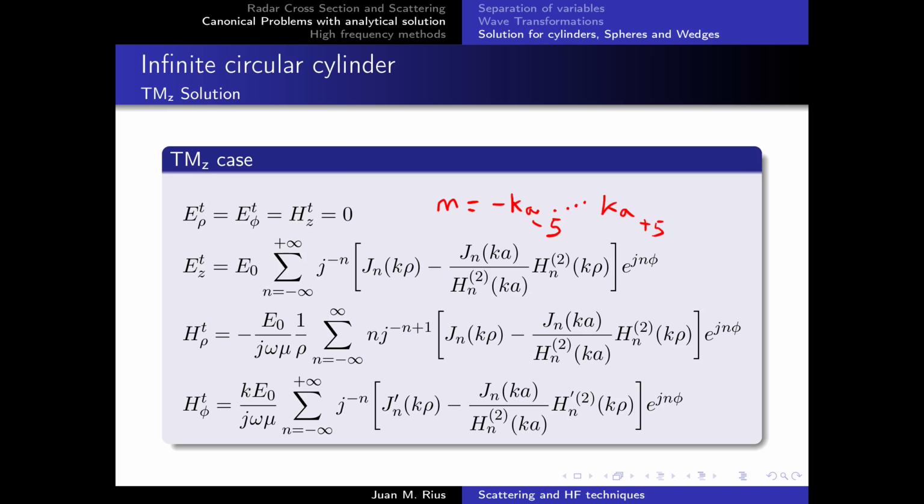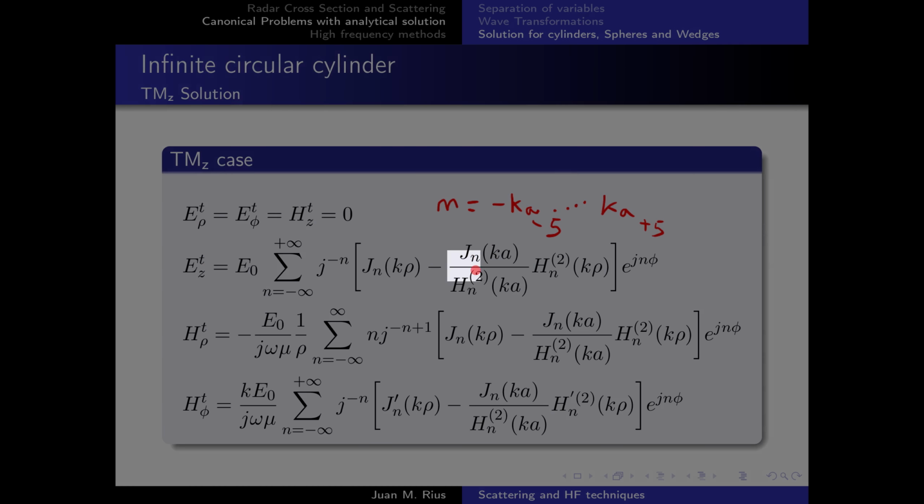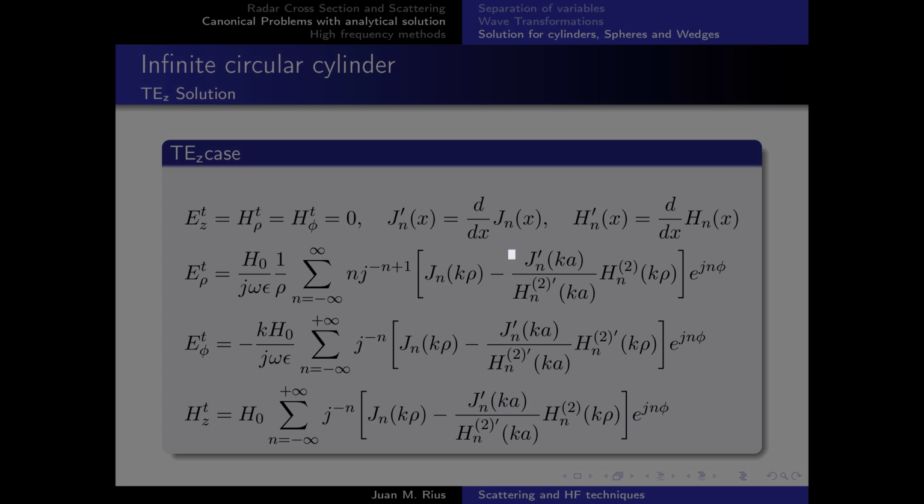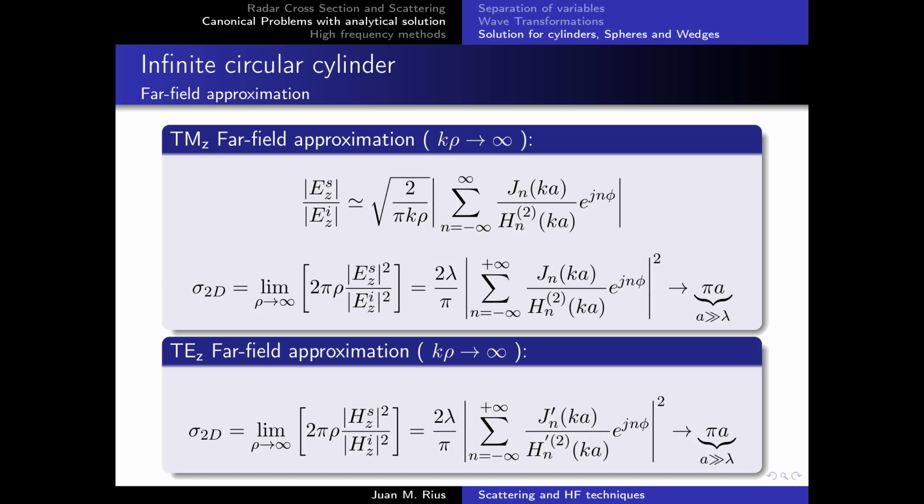Here we have the total field in the TM case, the part corresponding to the scatter field is this, and in the TE case the part corresponding to the scatter field is this, and we can do the far field approximation of the Hankel function, and we obtain this. This is again a Fourier series in phi, where the coefficients of the Fourier series are given by the Bessel functions of argument Ka.